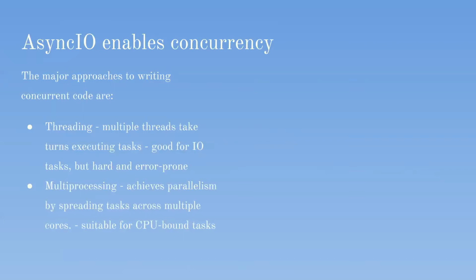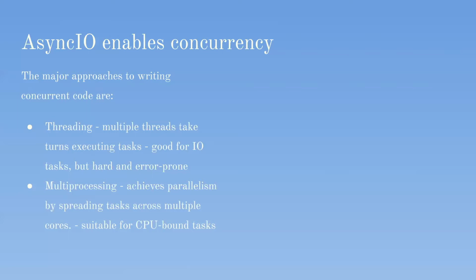Parallelism is a slightly different concept, which is saying that two jobs are executing at exactly the same time on, say, different cores. The approaches to writing concurrent code are threading, where you take multiple threads and they take turns executing tasks, which is good for input-output tasks, but in Python, it's actually pretty difficult to do, and it can be quite error-prone. You can get errors which are very hard to debug.